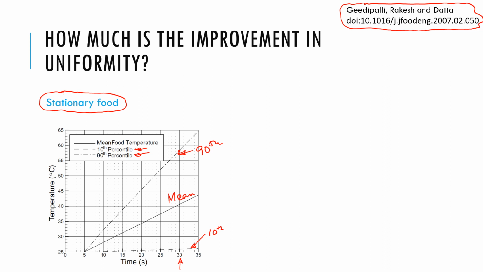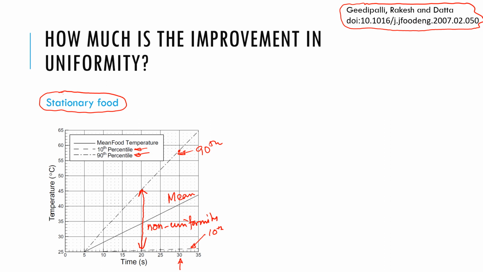So the spread between the 10th percentile and 90th percentile is a measure of non-uniformity. Okay, and that non-uniformity increases with time.